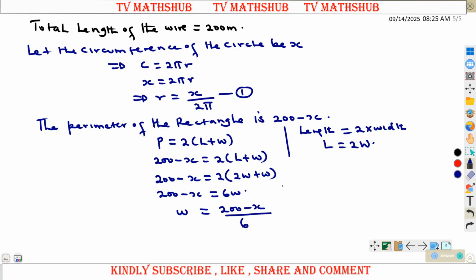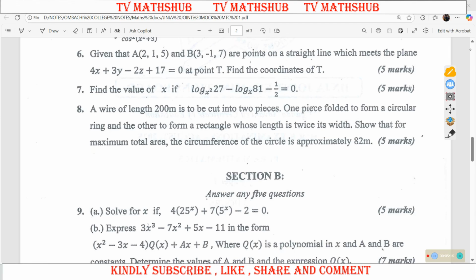So we are in position to get the width. Then what about the length? Length will be 2 times 200 minus x divided by 6, so the length is 200 minus x divided by 3. This is the width and this is the length of the rectangle. But why are we looking at the length, the width, and the radius? We are told to show that for the maximum total area.